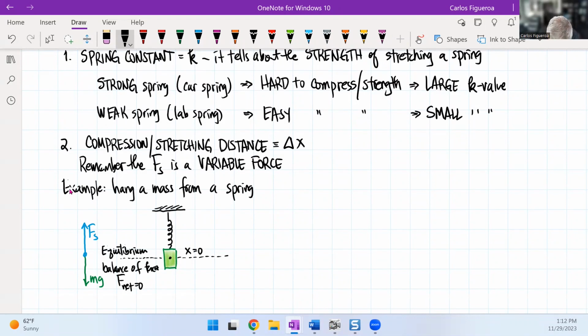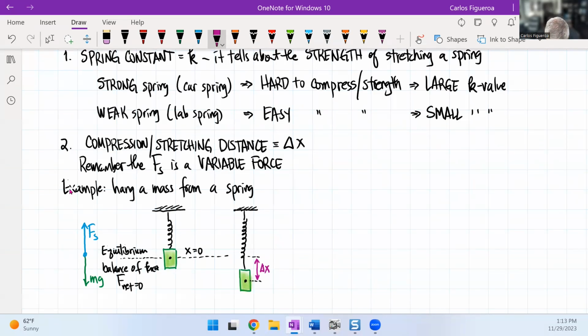So now I'm going to take this spring and I'm going to pull it down from the equilibrium point. Let's say that I only pull it this far down, right here. And so when we measure how much this spring has been stretched, we say that this distance from here to here is our distance delta x.